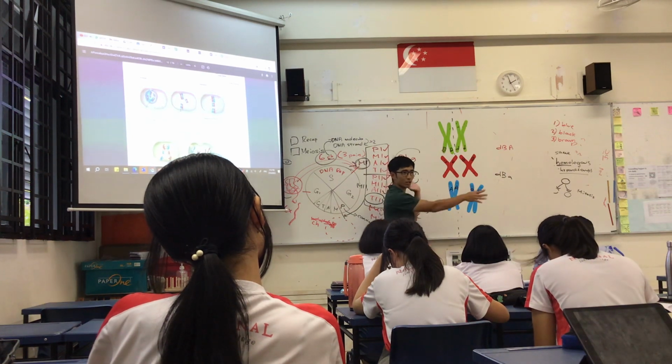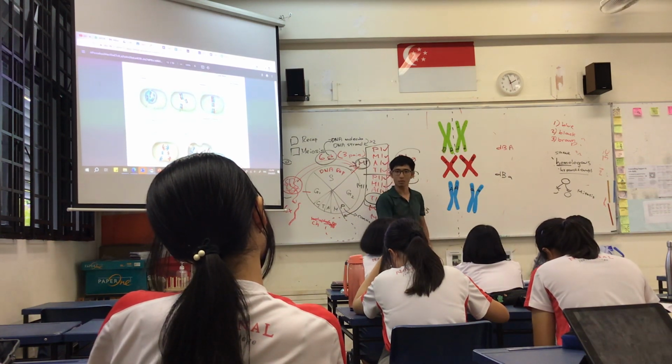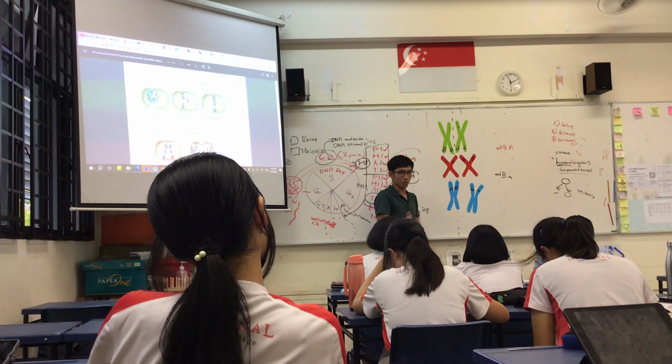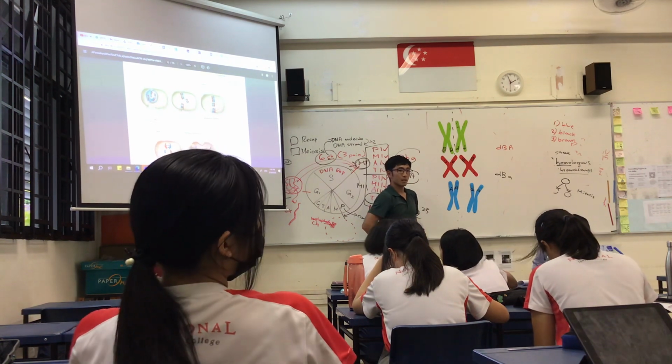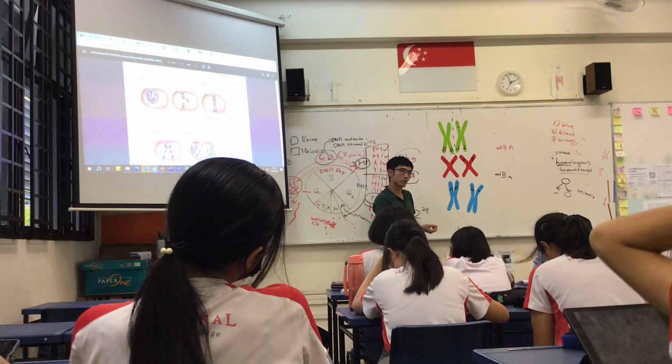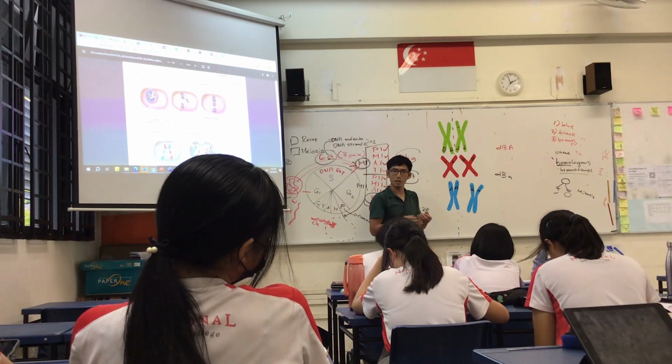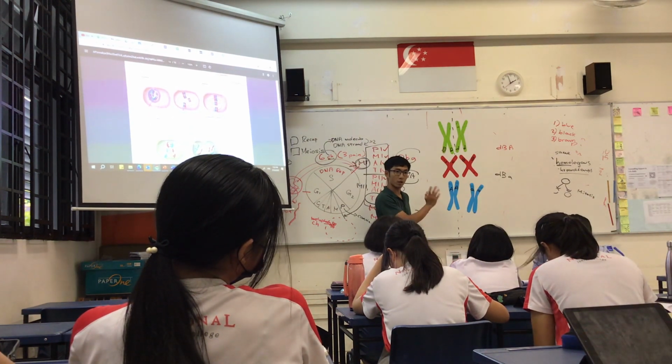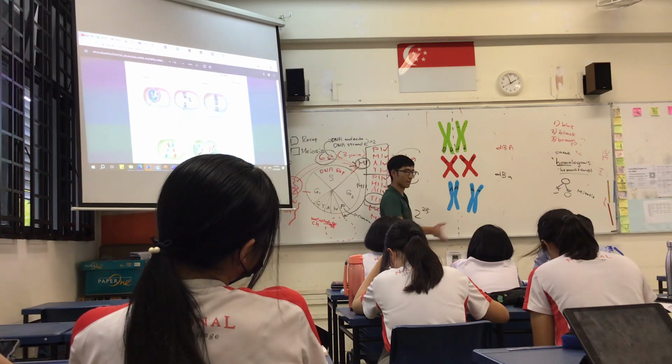How many combinations of sperms and eggs will you end up with? But that means to say almost every single sperm or egg that we produce will be very, very different. They have different combinations because of this independent assortment.